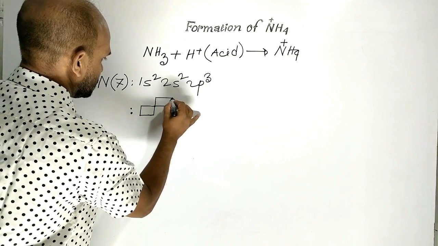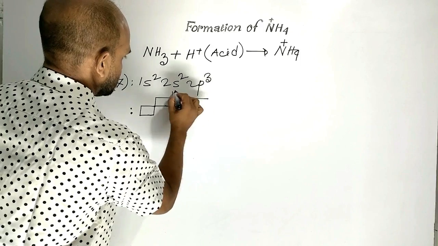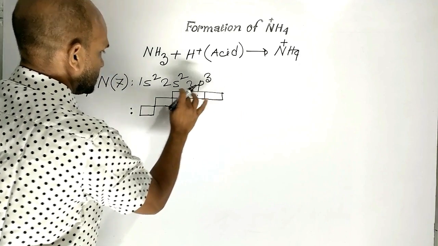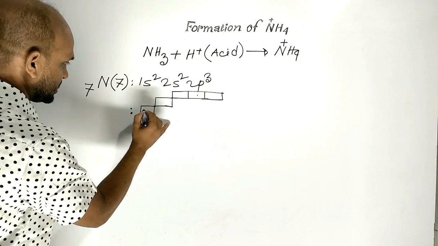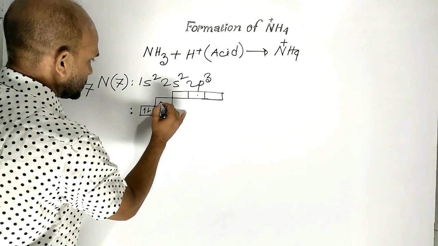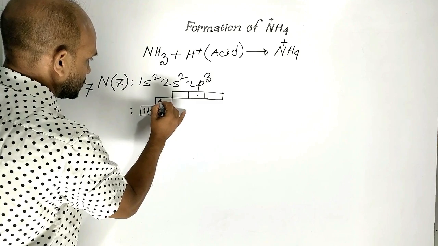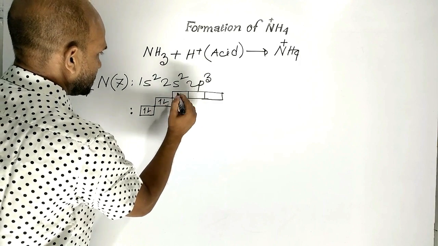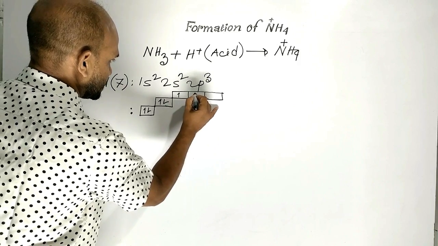1s, 2s, 2p. 1s orbital contains 2 electrons. 2s orbital contains 2 electrons. p orbitals contain 1 electron each.